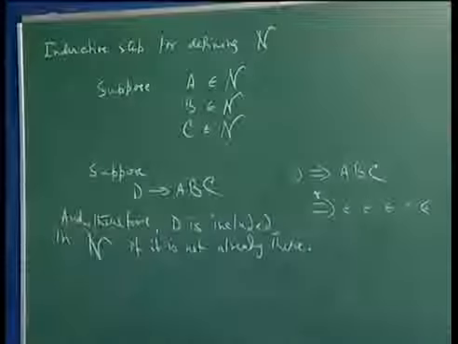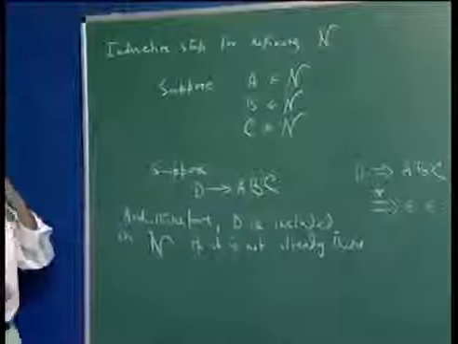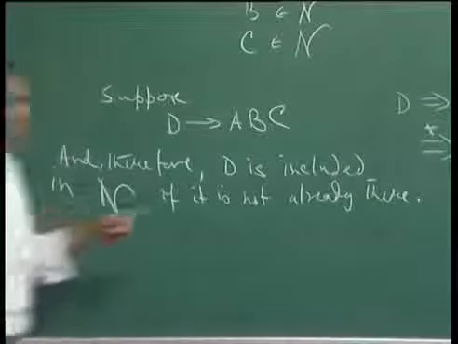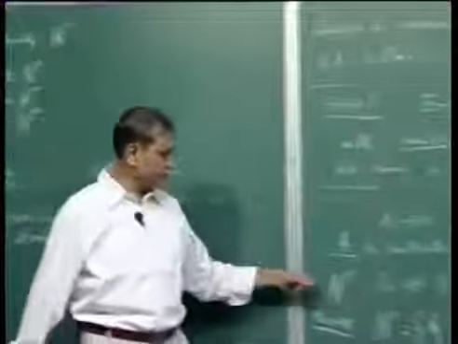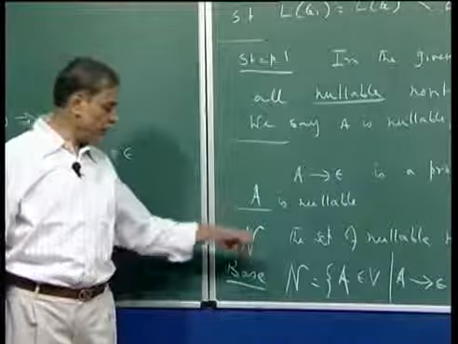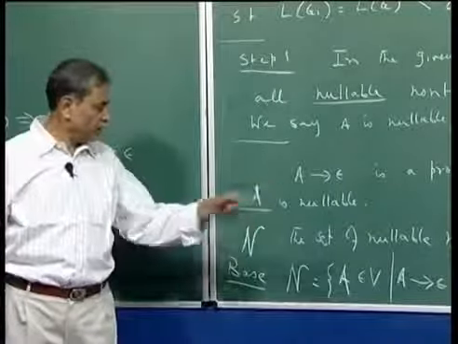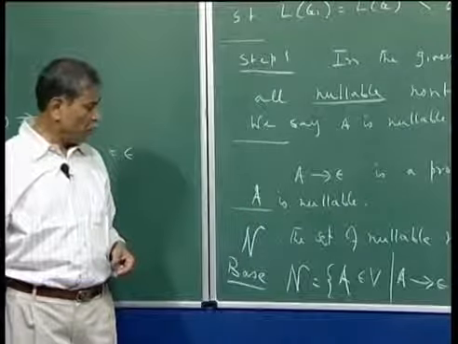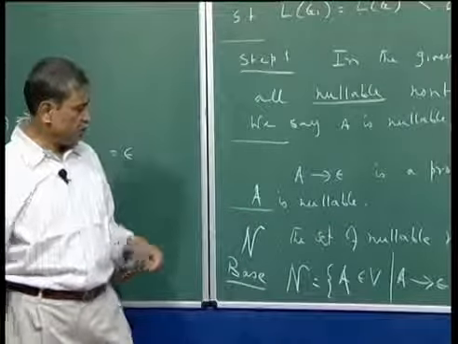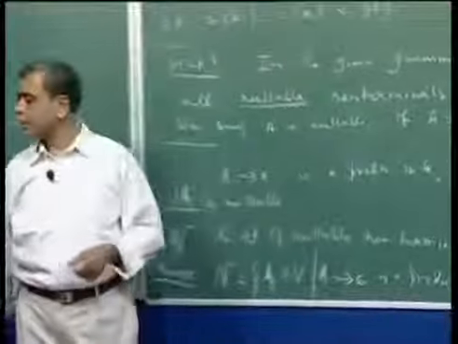Now, what is the algorithm corresponding to this? This step is of course clear, that is the base step, that is easy to see. First of all, I define my initial version of N to be all those non-terminals which have a production of this kind.